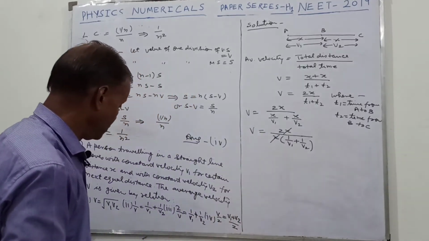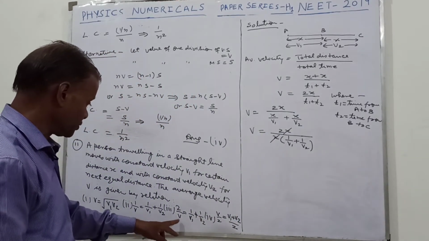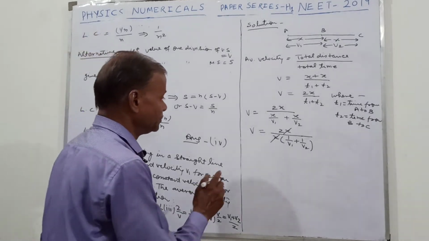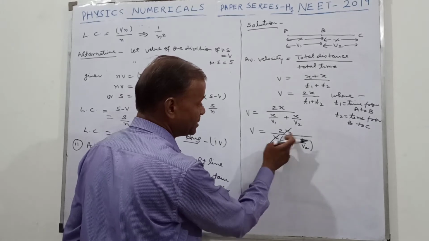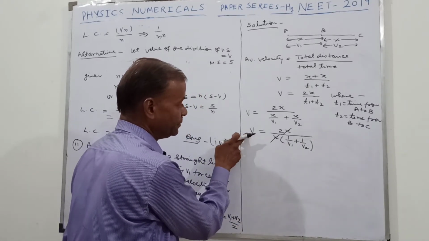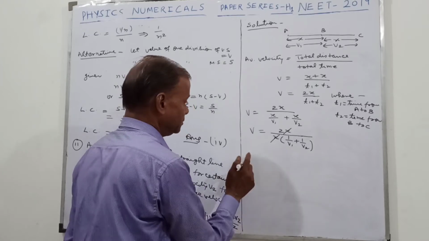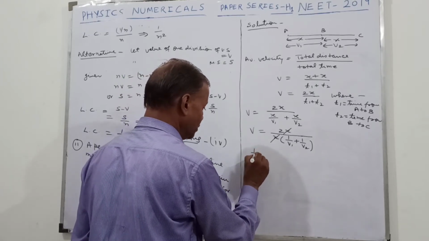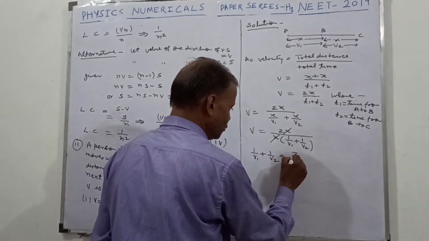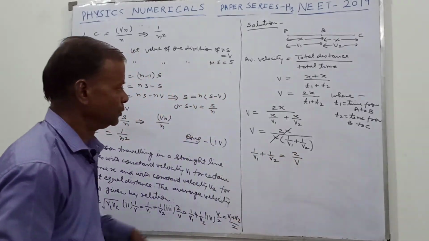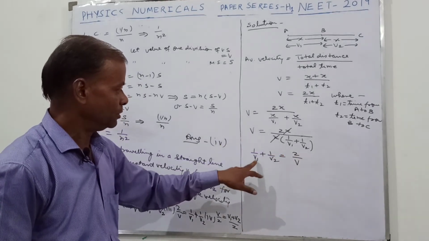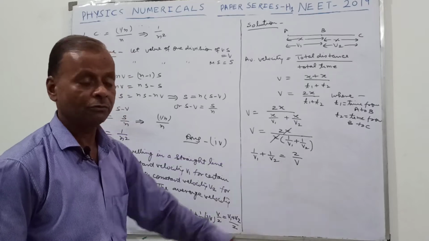Now see the options. The 2 is coming here and nowhere else. So we keep these two terms on the left side, and this v we take in the denominator. Then we have 1 upon v1 plus 1 upon v2 equal to 2 upon v.